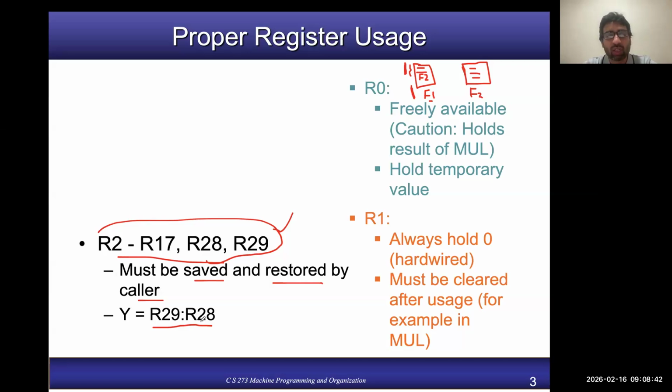So we cannot hold the address of a memory location in an 8-bit register. What we do is place the 16-bit address of a memory location in two registers. Lower 8 bits go to R28, higher 8 bits go to R29, and collectively we name them Y. And if a register is holding the address of a memory location, it means that register is acting as a pointer to a memory location, right?